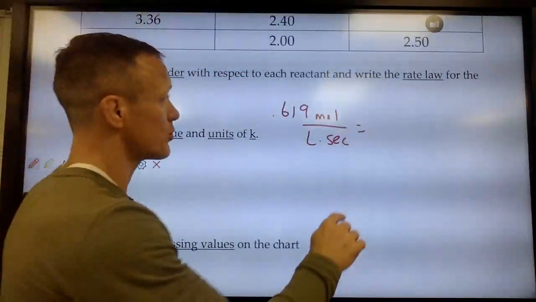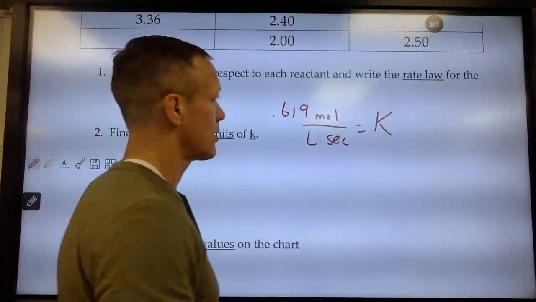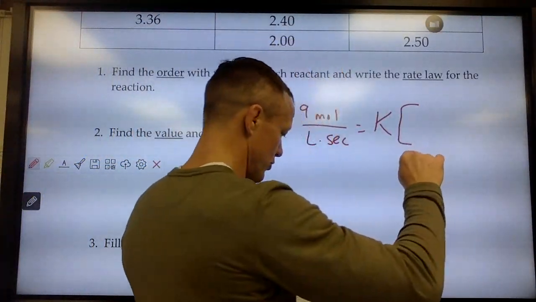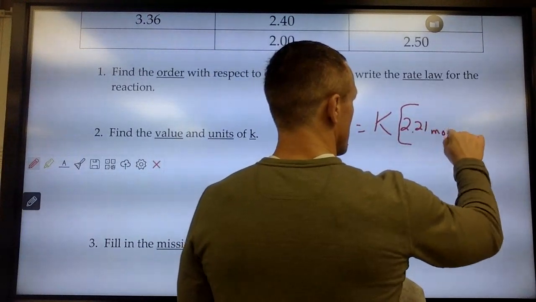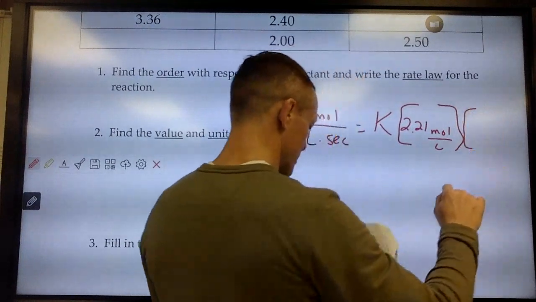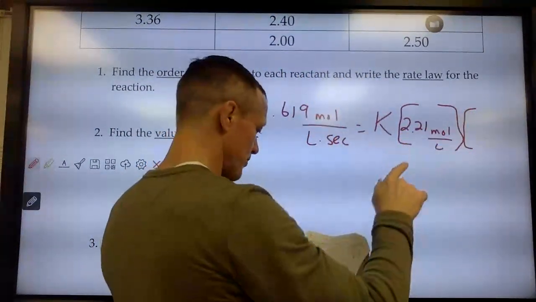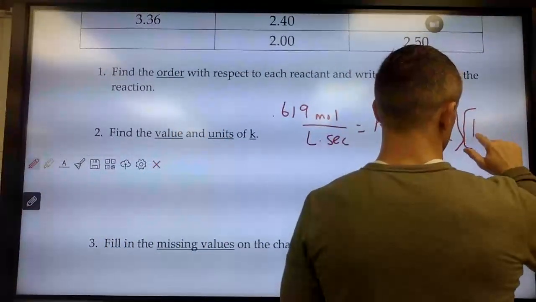There's our rate. Equals, we're trying to find that K value, called the rate constant, times the concentration of hemoglobin, which was 2.21 moles per liter, times the concentration of carbon monoxide, which is 1 mole per liter. It's to the first power because it was first order. So remember that, and other ones will be second order.